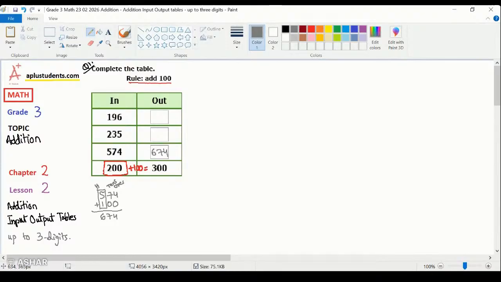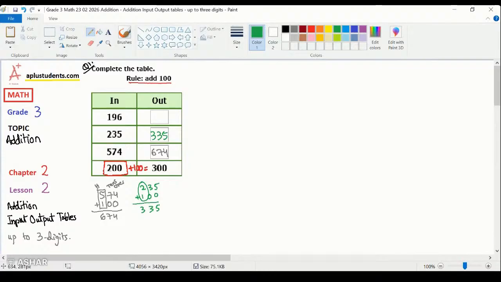Agreed? 235 plus 100 would be 5 plus 0 is 5, 3 plus 0 is 3, and 2 plus 1 would become 3. That becomes 335. Agree? Perfect.